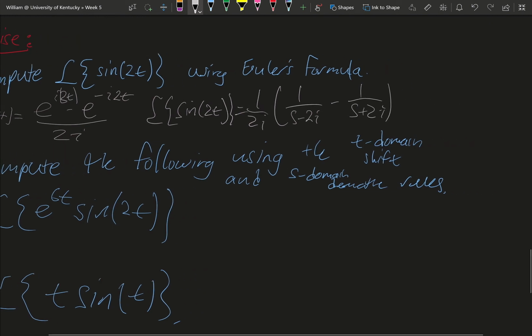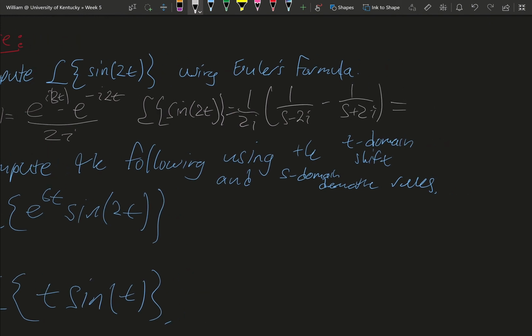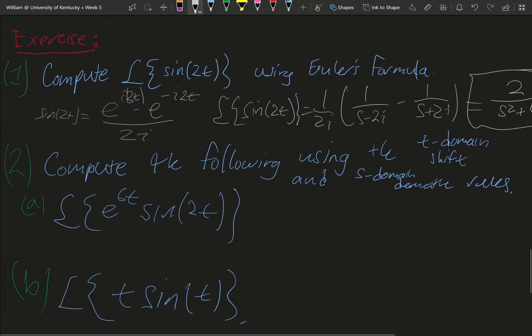And now we're not done. We need to make sure that this is back in real form. But at the end of that, what we should get is 2 over s squared plus 4. Using that answer, this answer is now very clear.